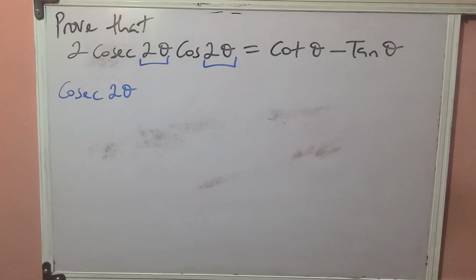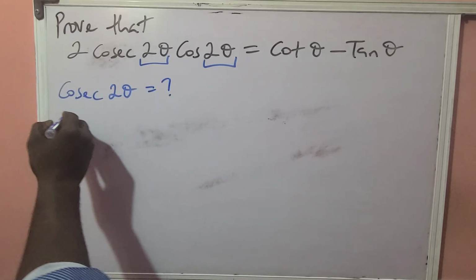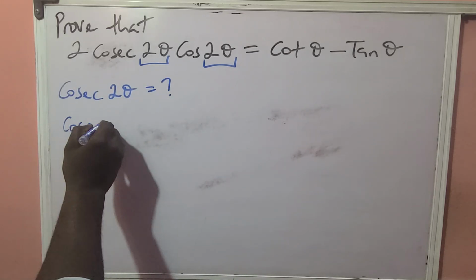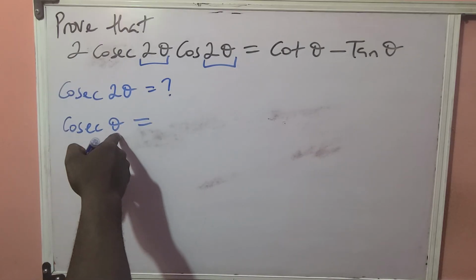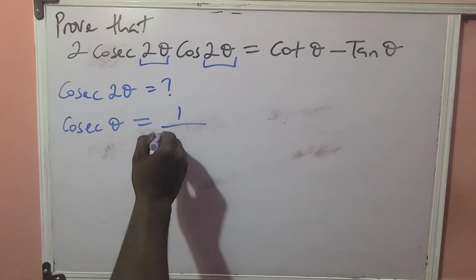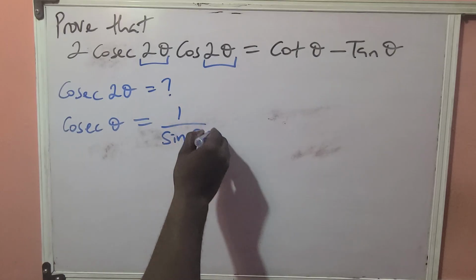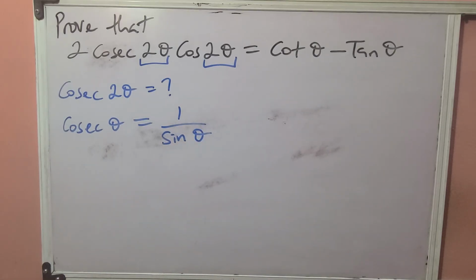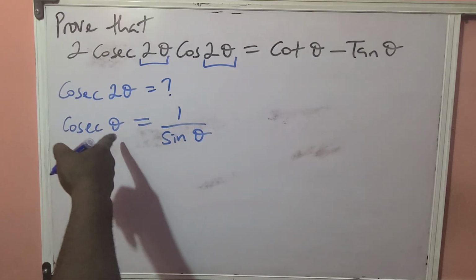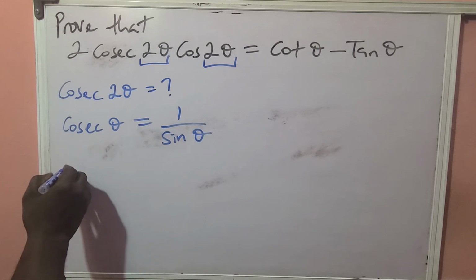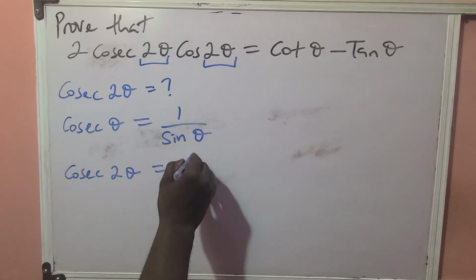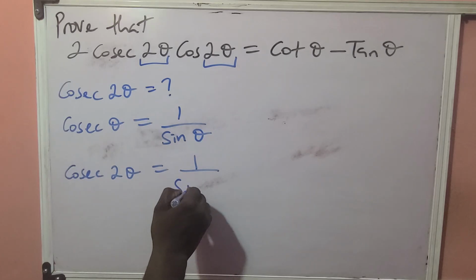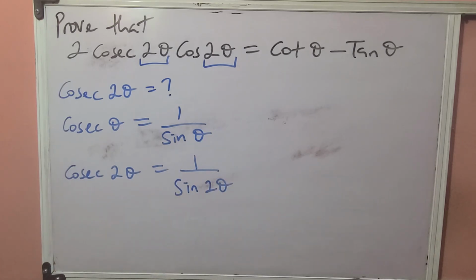I want you to remember that you were able to tell during our basic identities that the cosecant of a particular angle was 1 over the sine of the angle. I'm sure you remember this. So obviously, from here, you can decode that the cosecant of 2 theta will be the same thing as 1 over the sine of 2 theta.